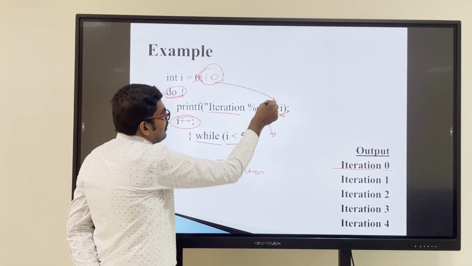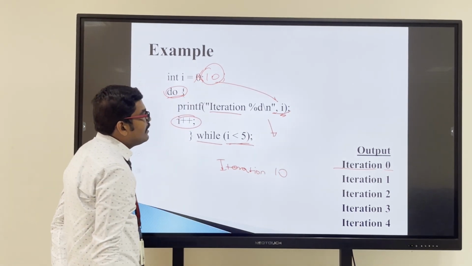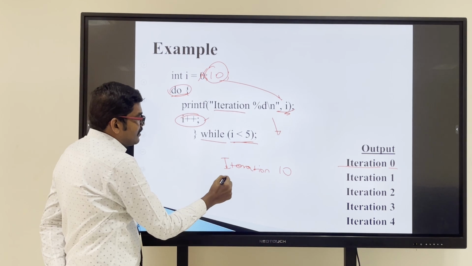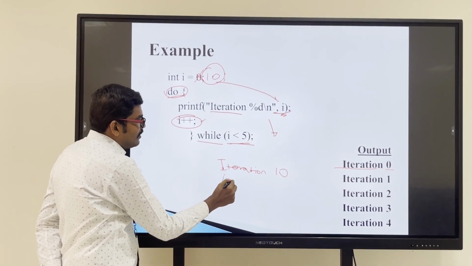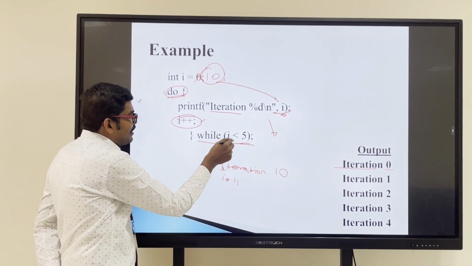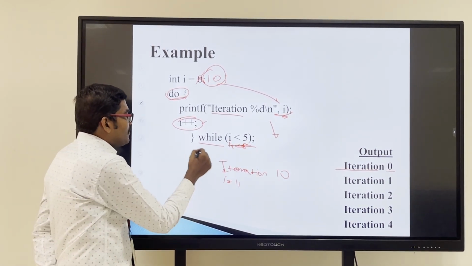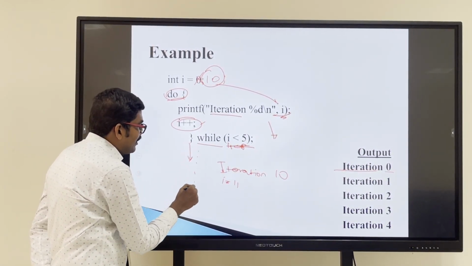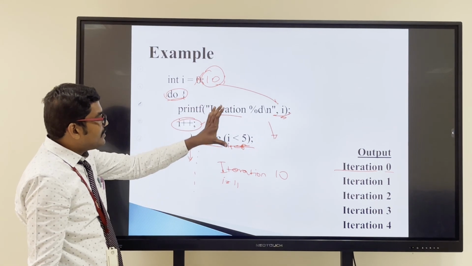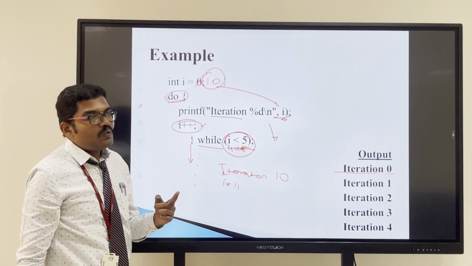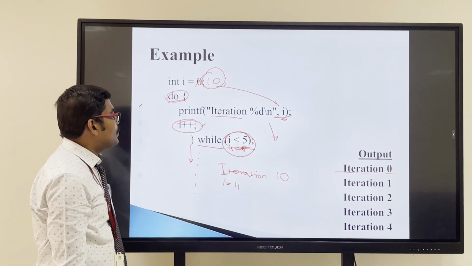Then it increases with i plus plus, that means the new i will be 11. Then it comes here to check the condition, whether 11 is less than 5. No, the condition is false, so it will follow the same sequence. Even though in this case the condition fails, I am executing this statement at least once. That is the beauty of the do while statement.